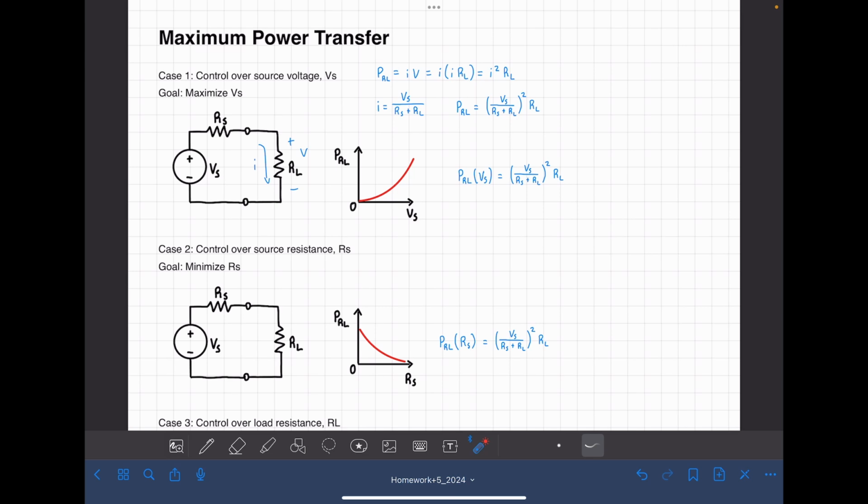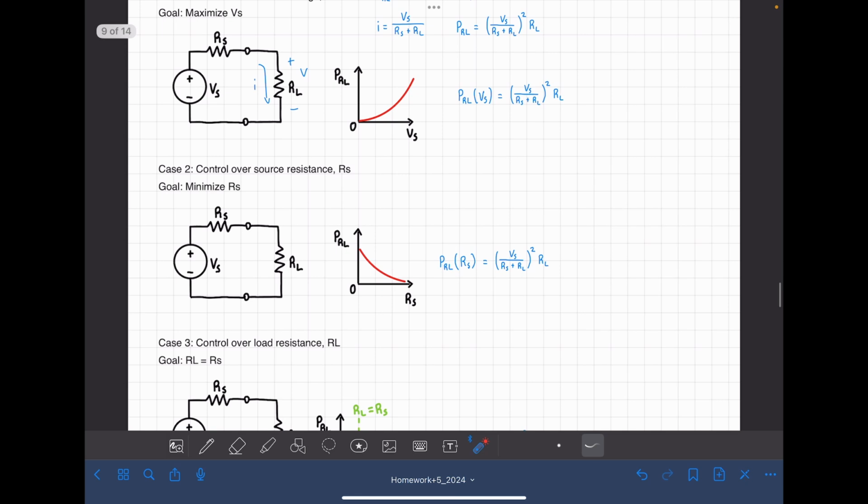So if we have control over our source voltage and we want as much power as possible, all we have to do is just give it as much voltage as possible, and it'll go up with a squared relationship.